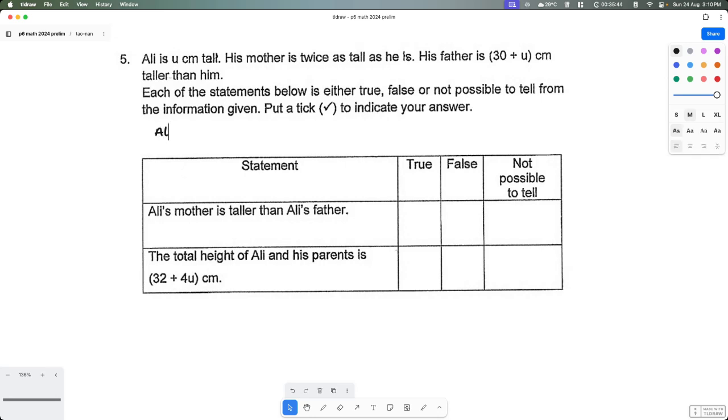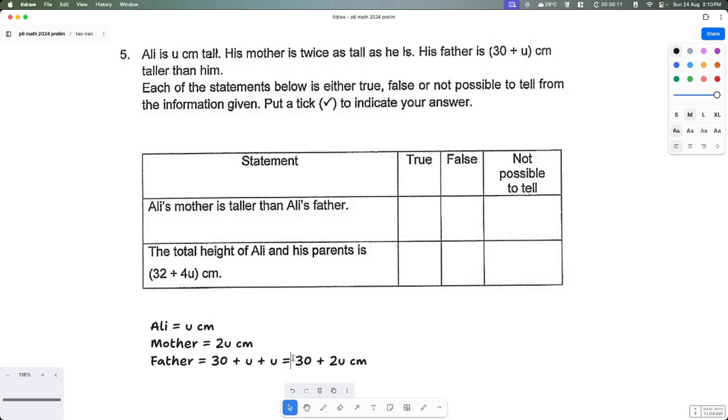So Ali is equal to u centimeter tall, and then mother is equal to 2u cm, and then father is 30 plus u taller. So that means plus also u, which is 30 plus 2u cm as well.